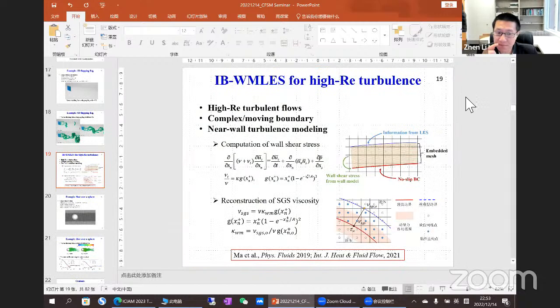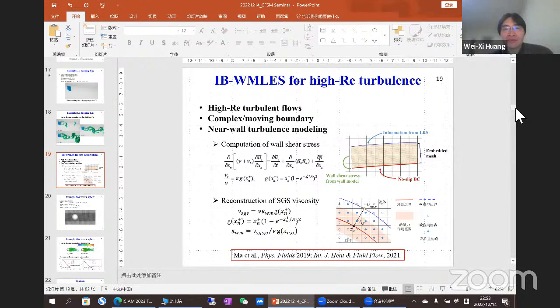Because the boundary layer depends on the Reynolds number, I'm not sure whether you generate some reconstruction grid points to capture the same layer. Does this depend on the Reynolds number?